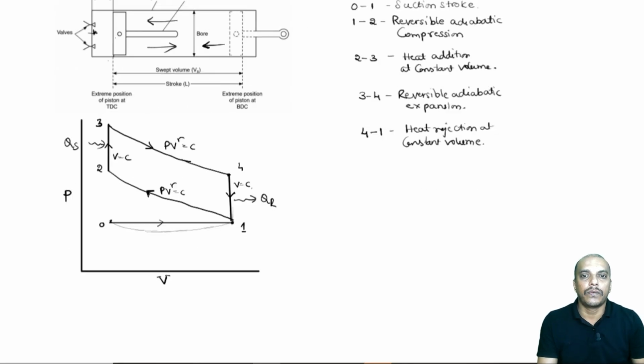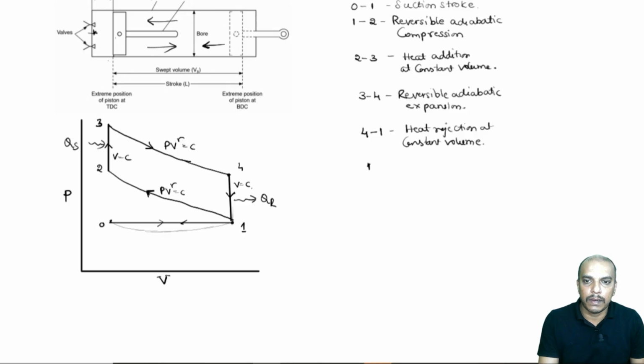Now let us execute the exhaust stroke. Whatever combustion products are left inside the cylinder, as the piston moves from bottom dead center to top dead center, it keeps on pushing out. It does not let the pressure rise, so it is like constant pressure.